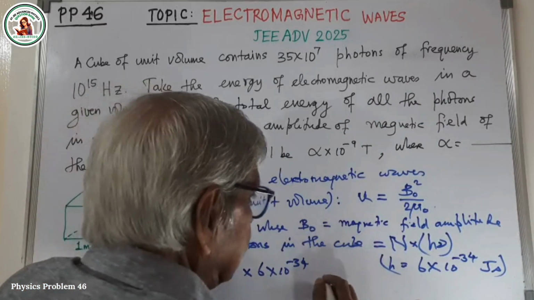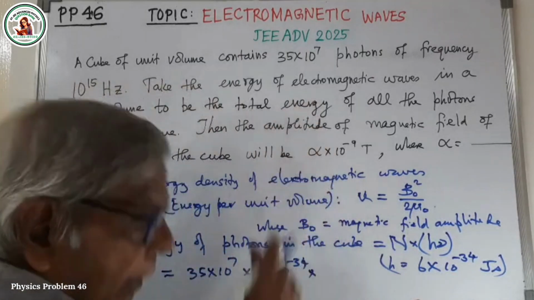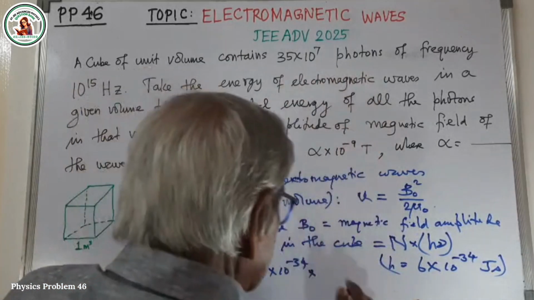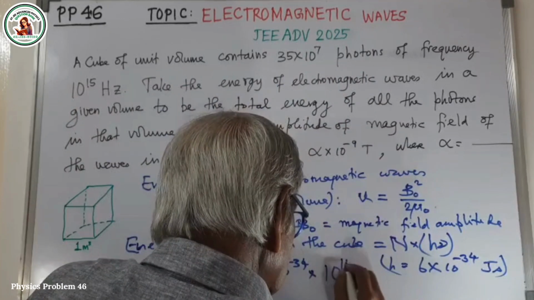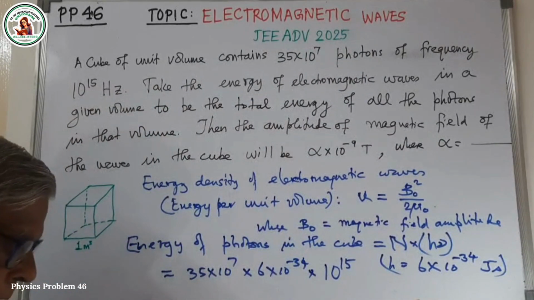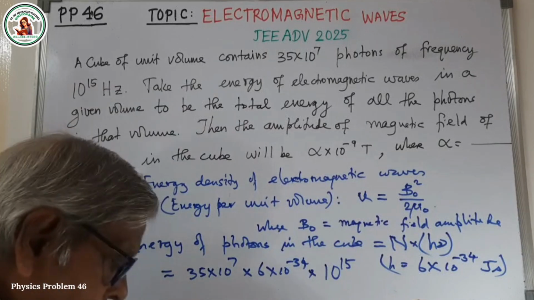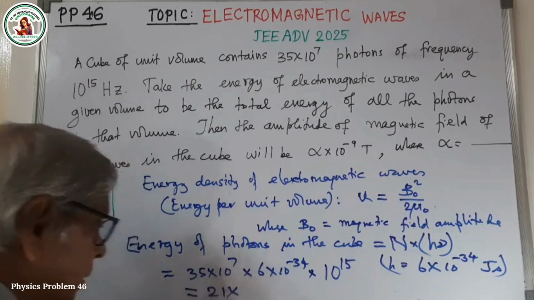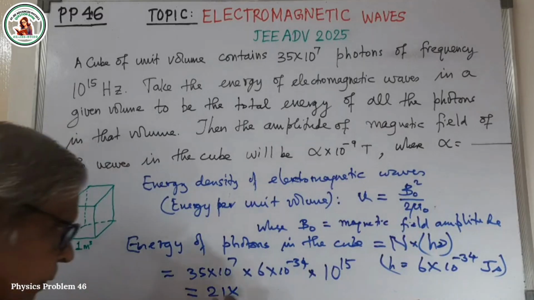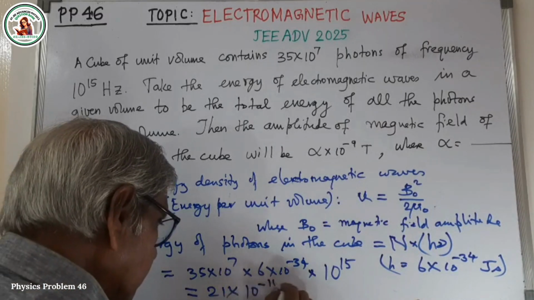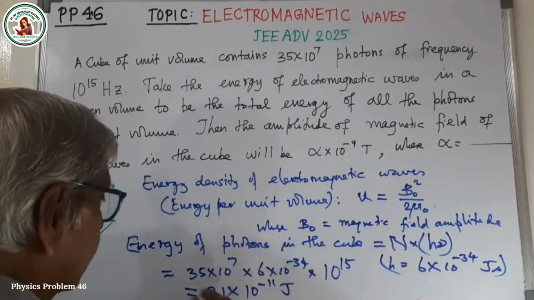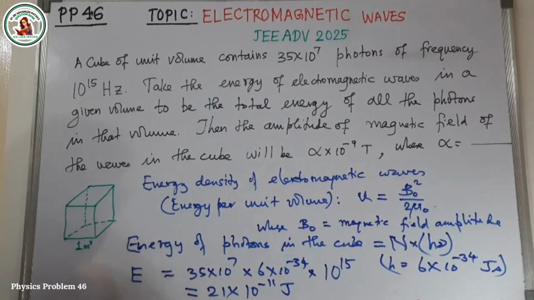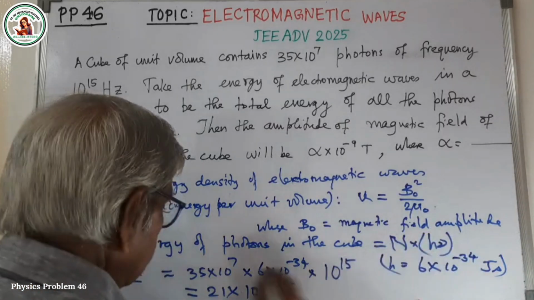Into nu, the frequency, which is given as 10 power 15. If you work this out, you will get 21 into 10 minus 11 joules. This we mark as the energy of the photons in the cube, E equal to h nu.